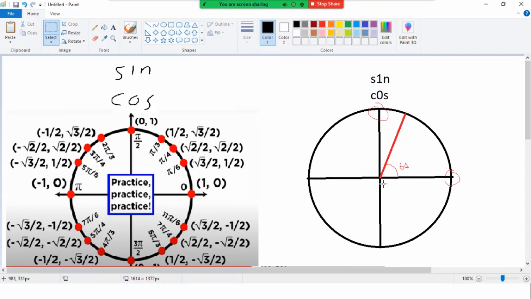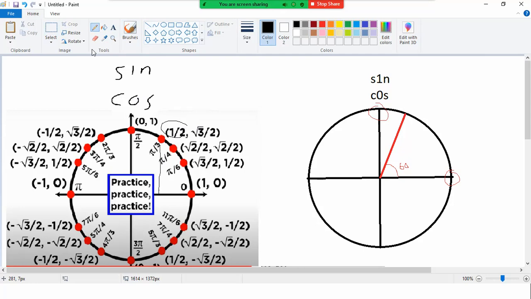We know that when the angle is 60 degrees, the x right here is going to be 1/2. Down here, 1/2 of this x-axis is going to be in shadow. So that means cosine 60, we're going to get 1/2.